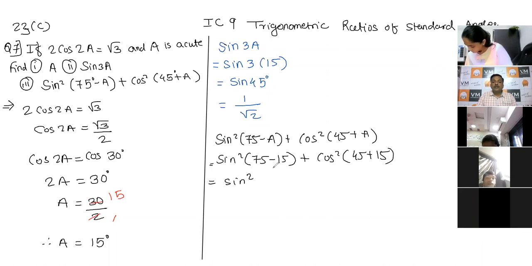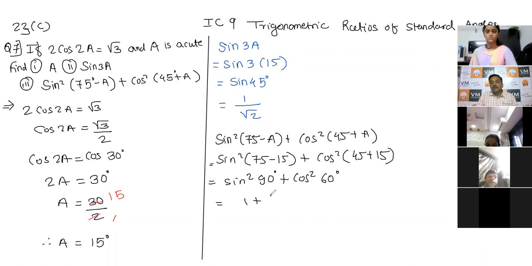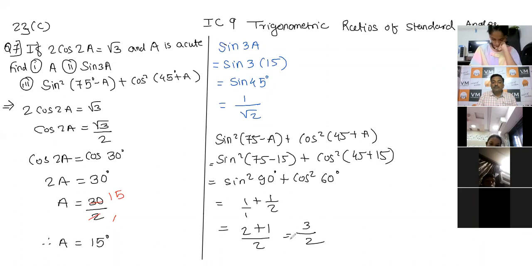Sin square becomes 90 degree and this cos square becomes 60 degree. So sin 90 becomes 1 and cos 60 is half, correct? So the denominator is 2, and the answer is 3 by 2. Sum solved.